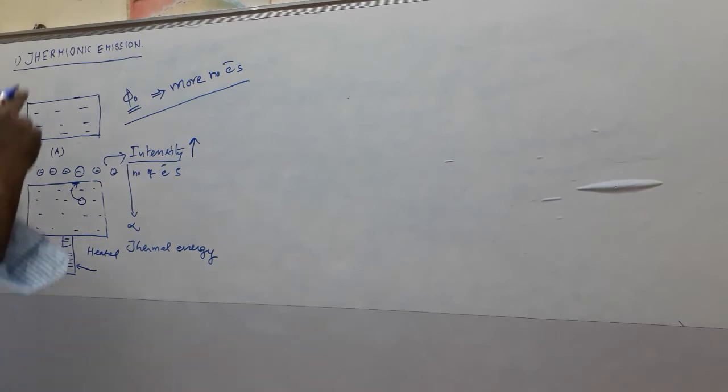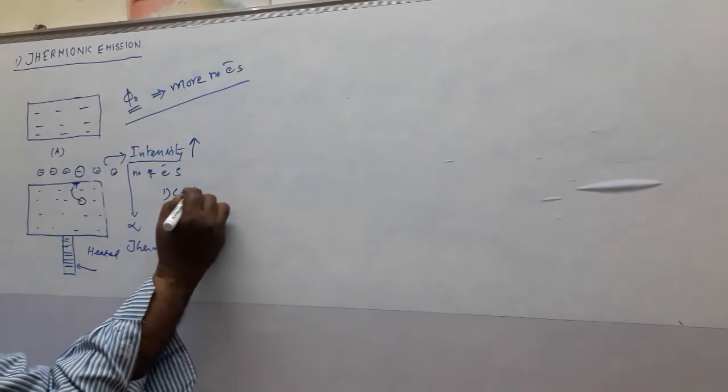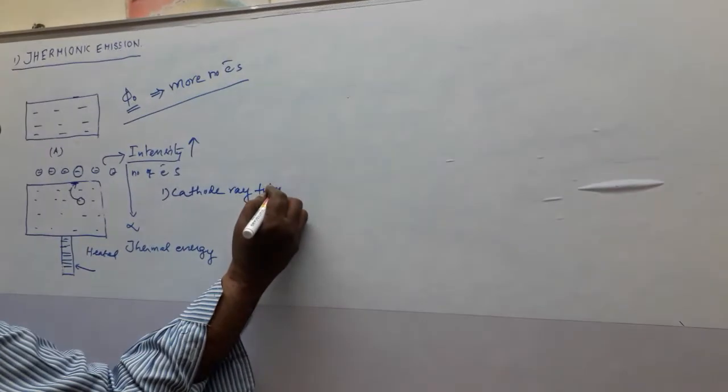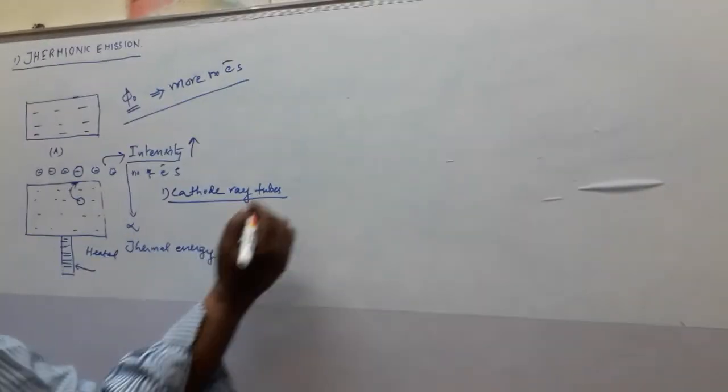Now, we want to give examples of thermionic emission. One is cathode ray tubes, which is a very good example for thermionic emission.